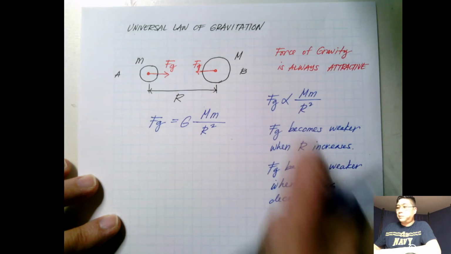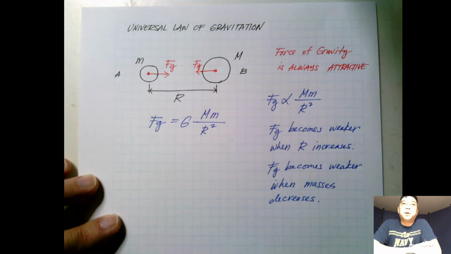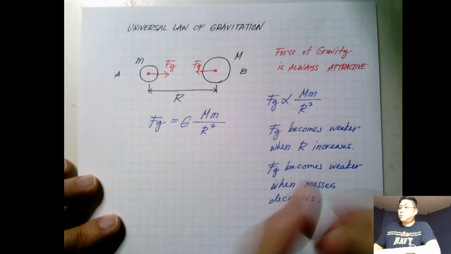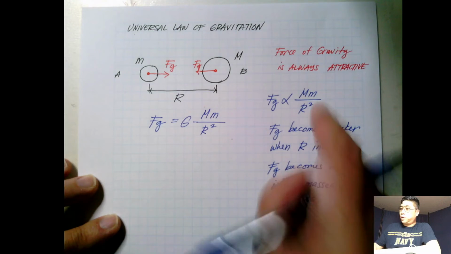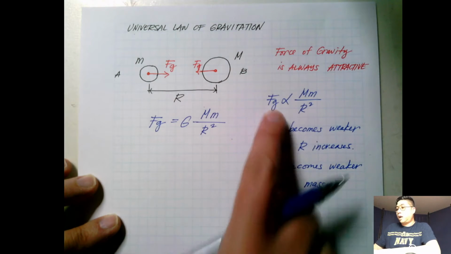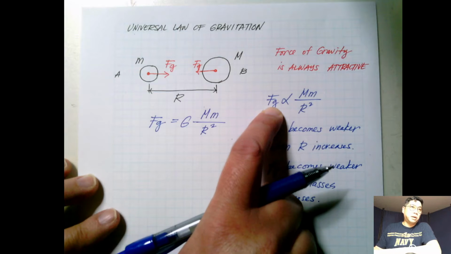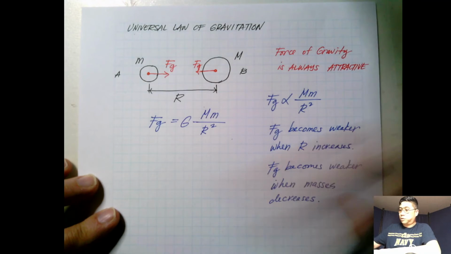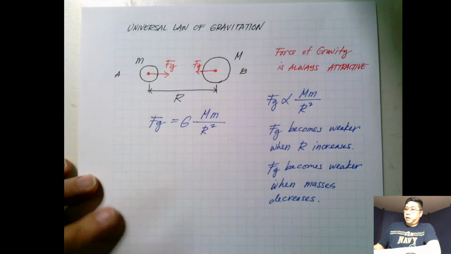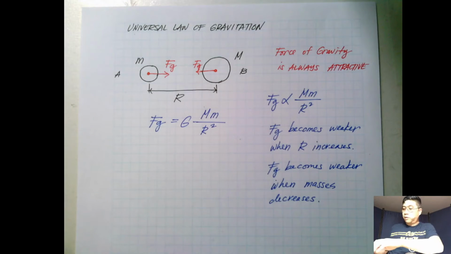On the other side, since the radius, or the distance between those two bodies, is in the denominator, if you increase the denominator, the value becomes less, or weaker, as shown here. Here's the equation, very simple.